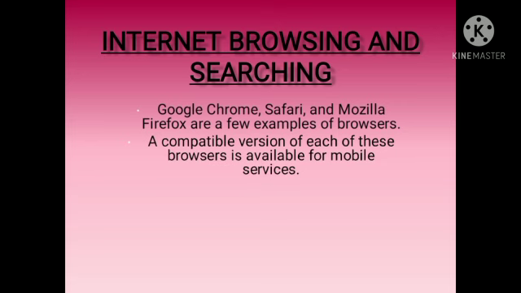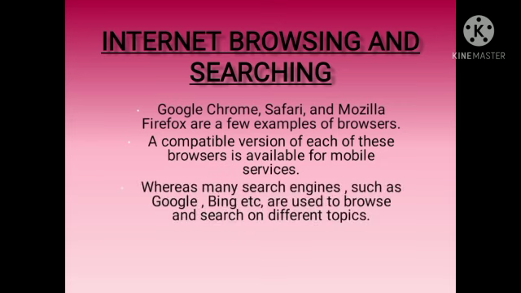As most of us are using mobile phones, the compatible version is available, whereas many search engines such as Google, Bing, etc. are used to browse and search for different topics.